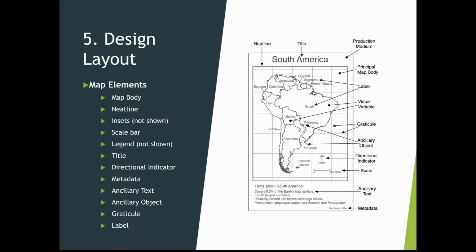These may include images of locations or features displayed, locations of the map, charts, graphs, sounds, videos, or simply explanatory text. The graticule references a coordinate or measurement system that the map users can use to derive the location coordinates. Last, labels identify features on the map, typically based on information stored in the feature's attribute table.